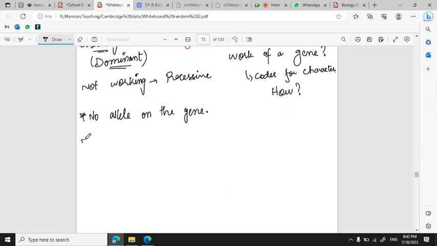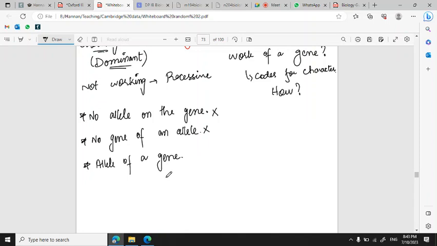Remember, there is no gene of an allele. This is also a wrong statement. The right statement is the allele of a gene. What is the meaning of allele of a gene?